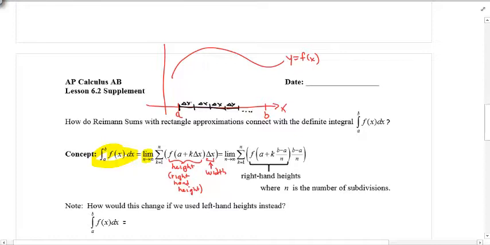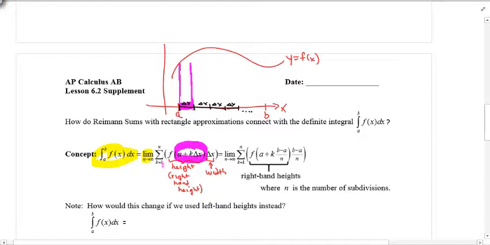So for each of these widths, I have to create a rectangle. And the question is, what do I use as the height of the rectangle? In this particular example, I've told you that the x value used for the rectangle should be a plus k times delta x.